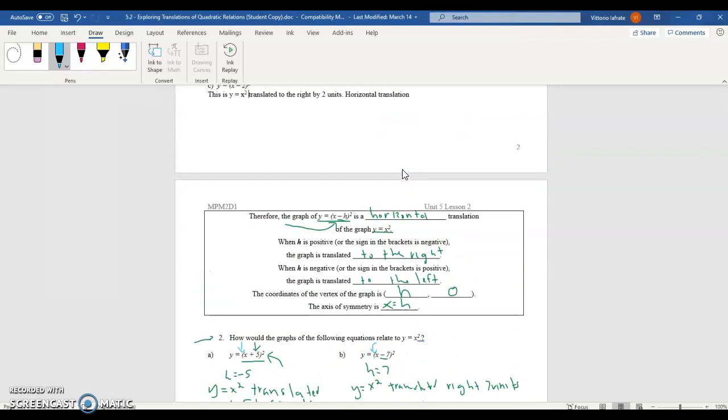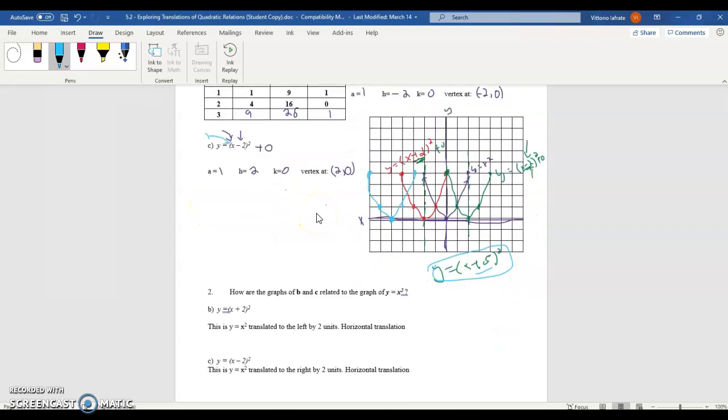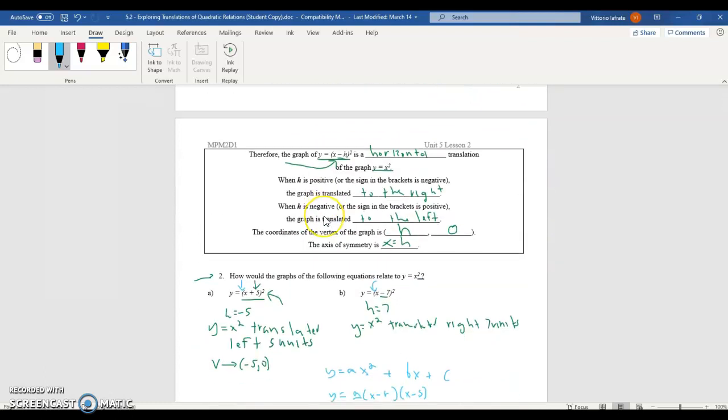In our previous video, I had said you could expand to get the standard form and find your a in front of the x squared value. But if you look over here, in front of this bracket, our a is 1 because there's no number there. Same thing over here, our a is 1 because there's no number there. So just a little clarification on finding a. Make sure you know what form you're looking at, and that way you'll know where a is located.